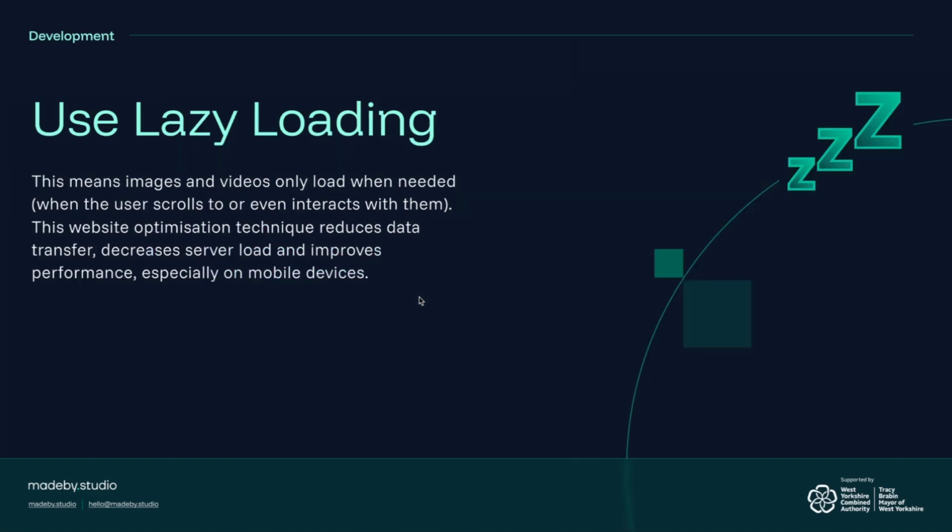Another one is use lazy loading. This is huge in terms of website emissions. What lazy loading means is that images and videos only load when they're needed. So for example, there is this idea of below the fold on websites, and this comes from newspapers, where the fold is. You don't want anything below that fold, which is the bottom of your screen, to be loaded unnecessarily.